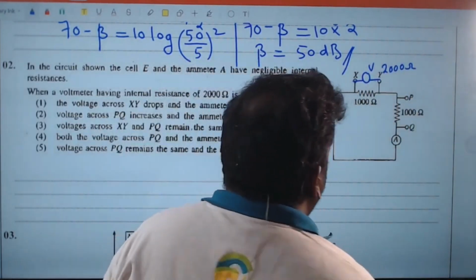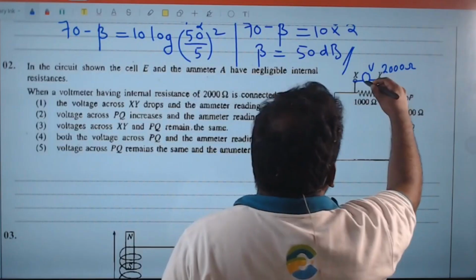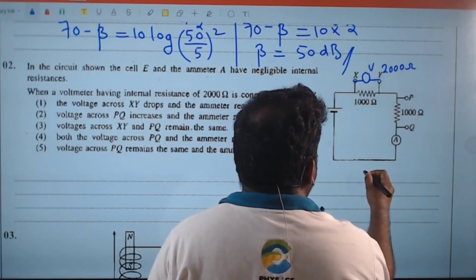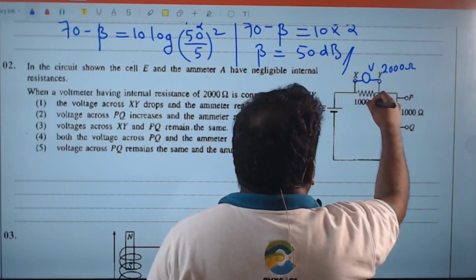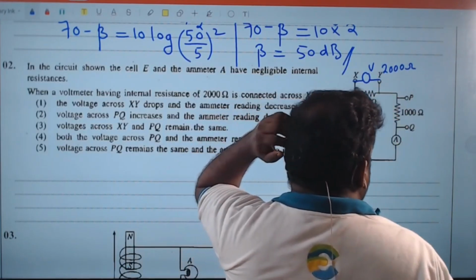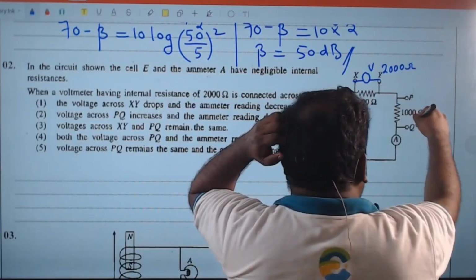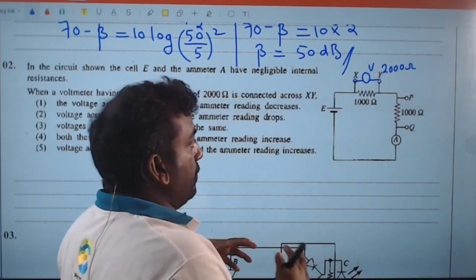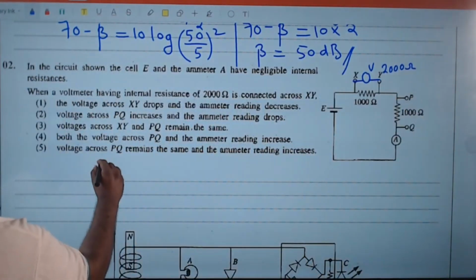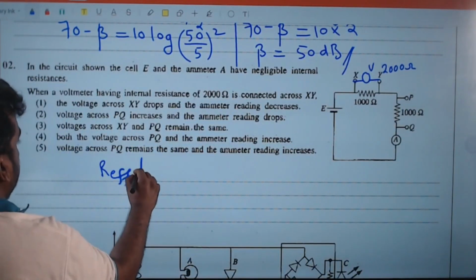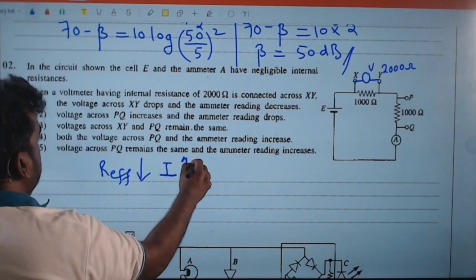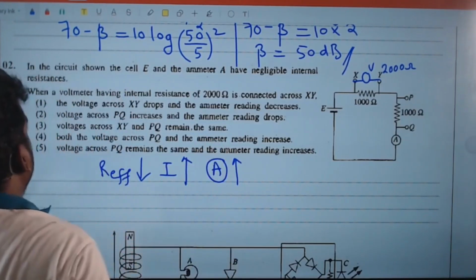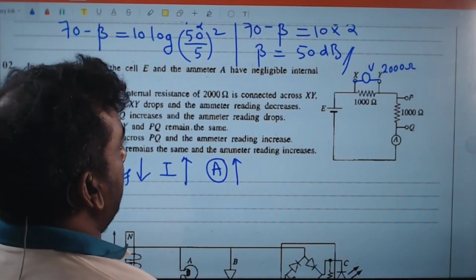So what will happen? If I connect across there 2000, effective resistance here, now here it's 2000, here becomes 600. Effective resistance reduces. As effective resistance reduces, current will increase. Ammeter reading will increase.